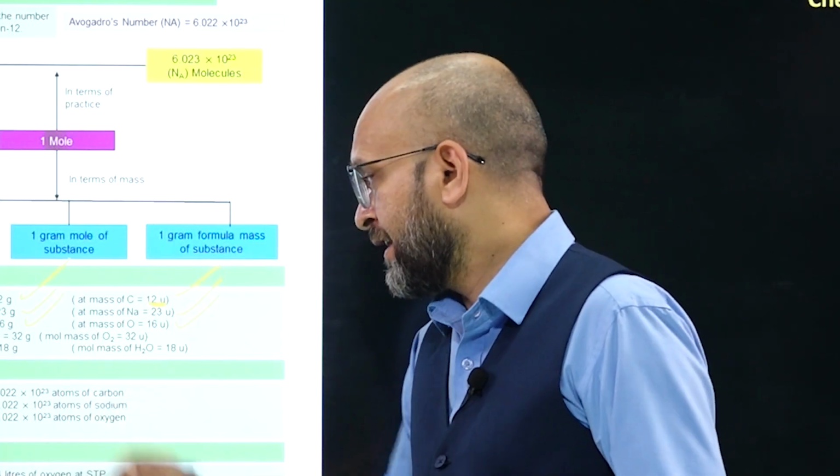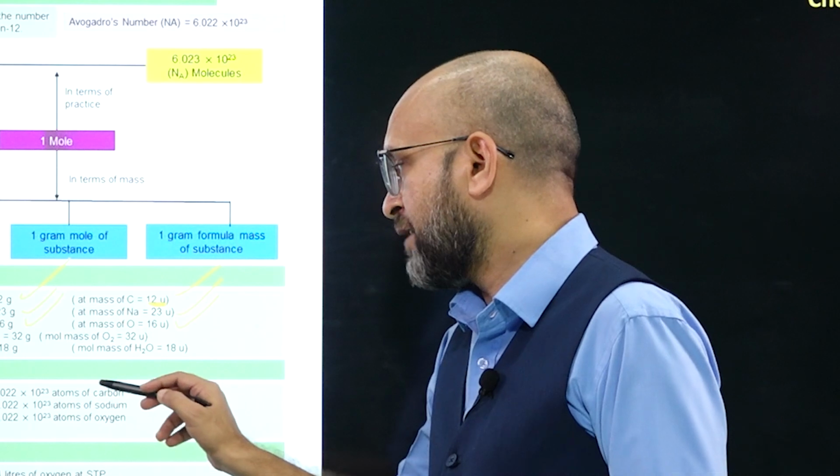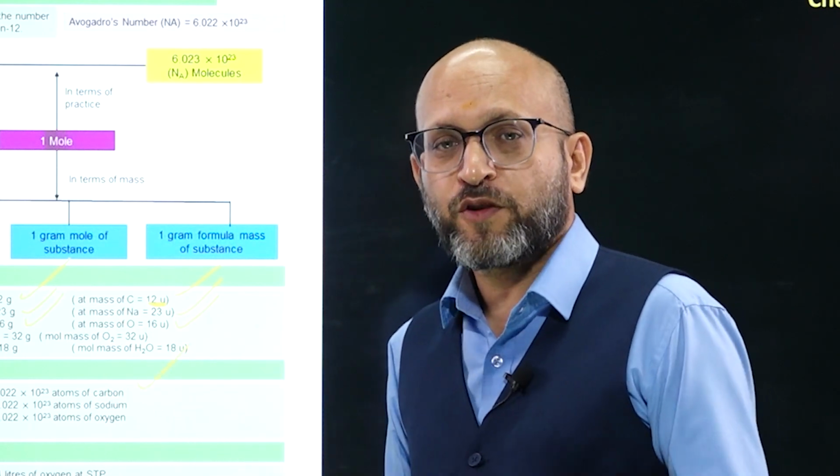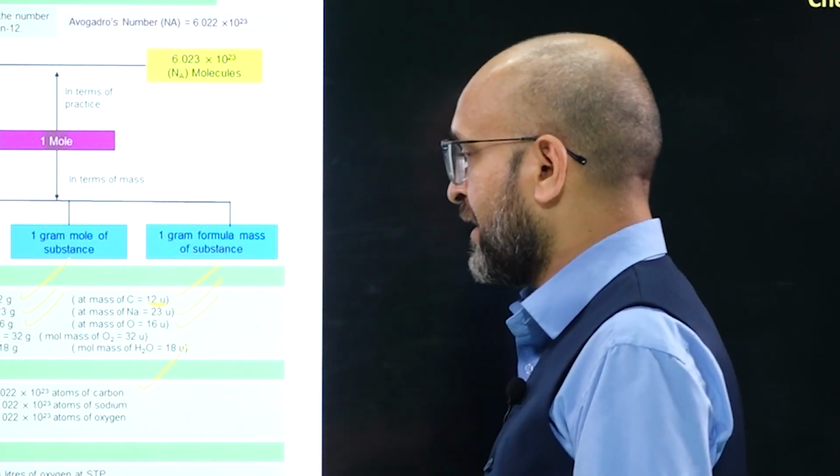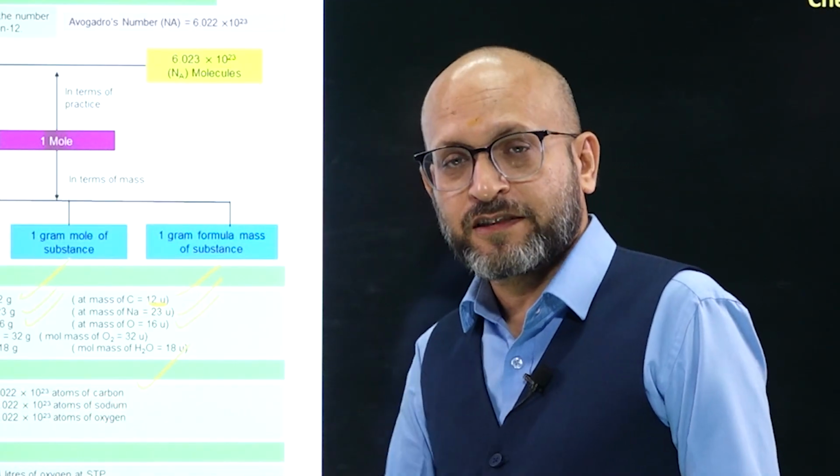Next, if I say take 1 mole carbon atoms, how many carbon atoms have you taken? 6.022 into 10 to the power 23. Same with sodium atoms, same with oxygen atoms.